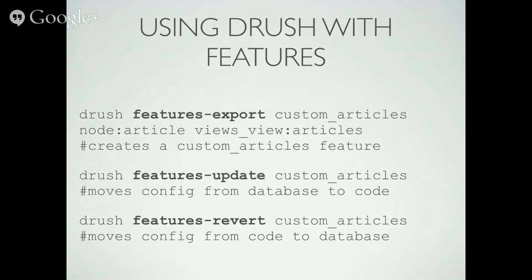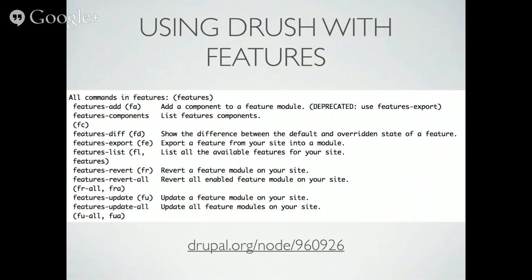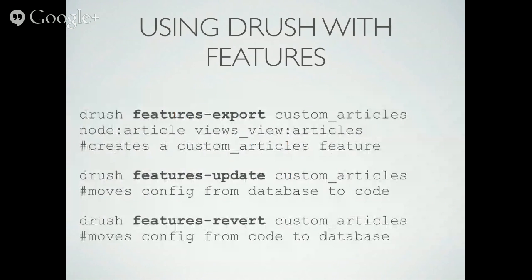And then the other two commands, we have drush features update custom articles. So that's going to take the configuration from your database and put it into code. So you can see what that looks like. And then you have drush features revert, which is going to revert the configuration from your database back to what's in code.